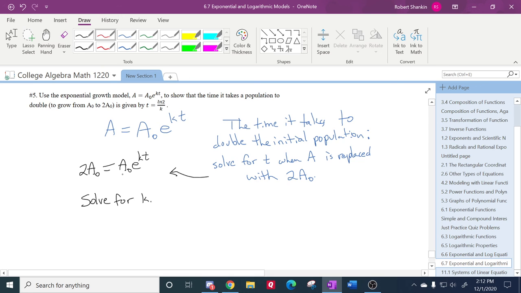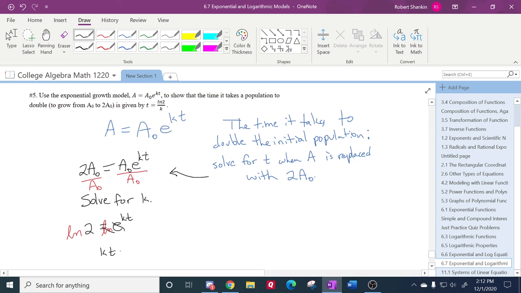If I'm going to solve this equation for k, first thing is I'm going to get rid of the A0. I get 2 equals e to the kt. Then I gotta continue solving it for k. So what am I gonna do? The k is up in the exponent position, so I gotta bring it down. I take the ln of both sides. And these kill each other off.